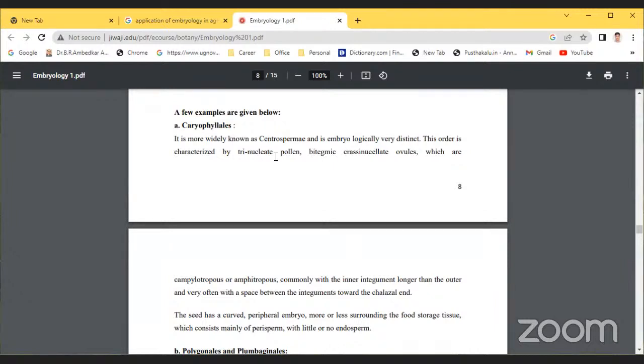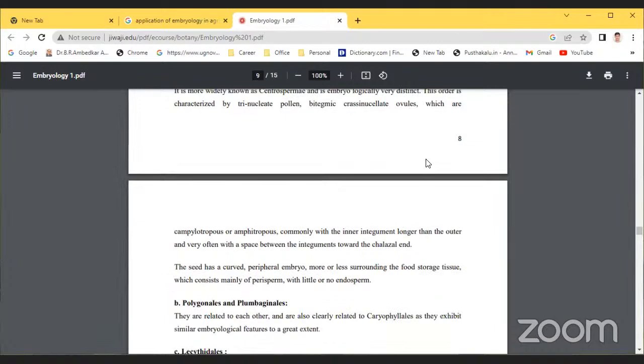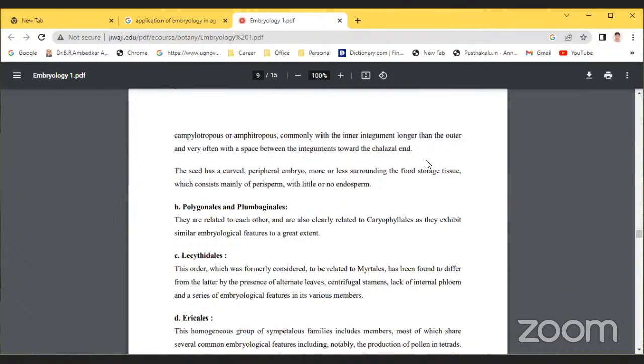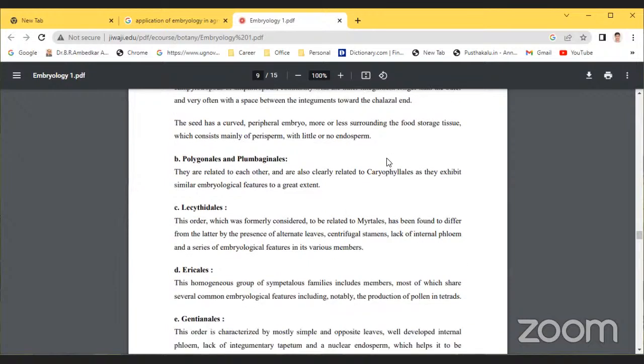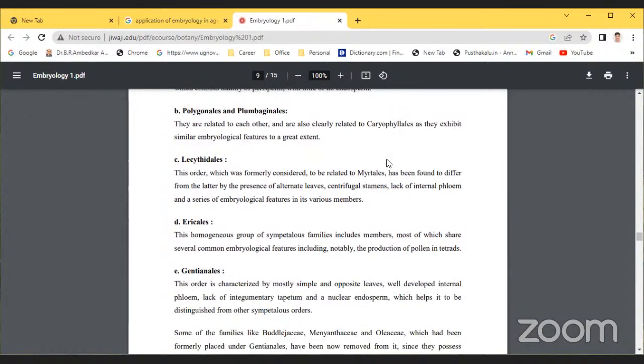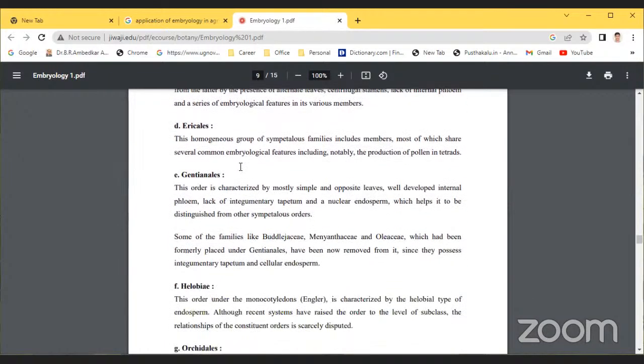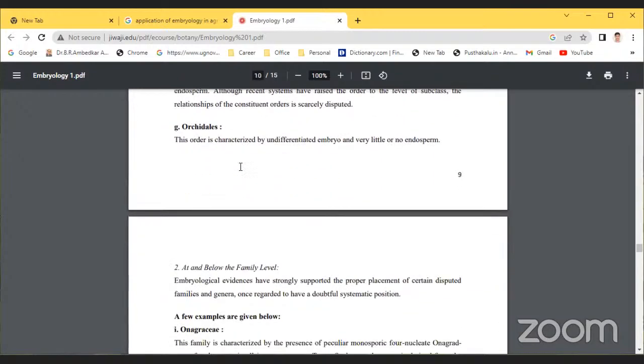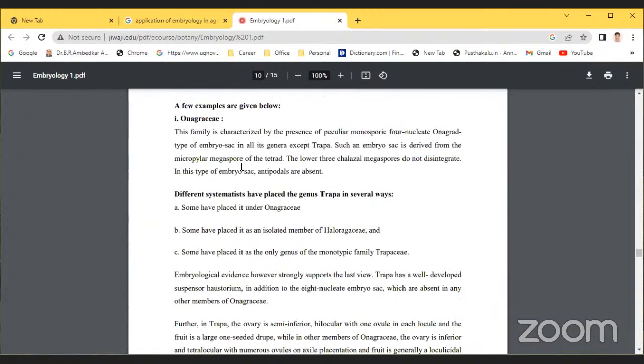This order is characterized by trinucleate pollen, bitegmic and crassinucellate ovules, which are campylotropous or amphitropous, commonly with the inner integument longer than the outer, and very often with a space between the integuments toward the chalazal end. So these are the Polygonales and Plumbaginales, and the Lecythidales, Ericales, Gentianales, Helobiae, Orchidales, which we already discussed in the previous slide.